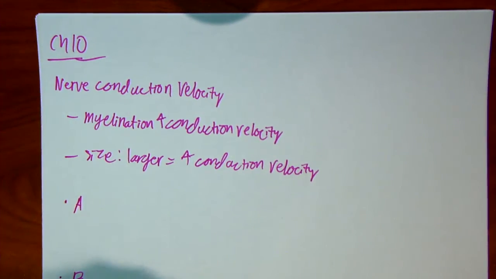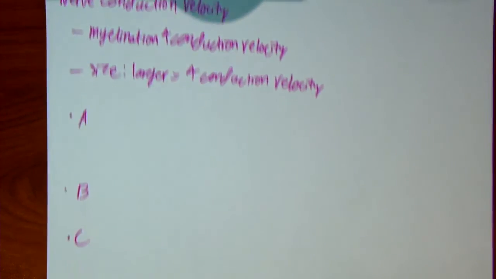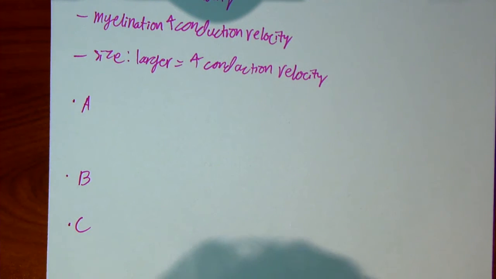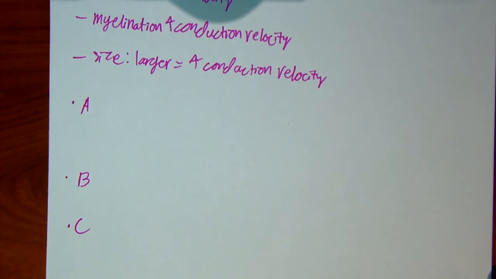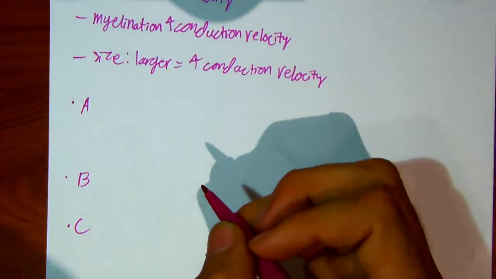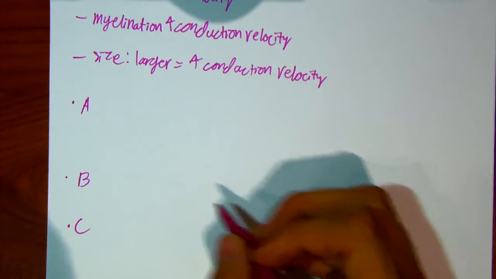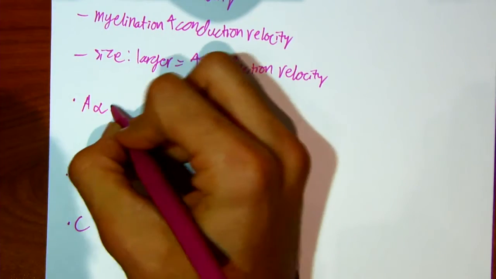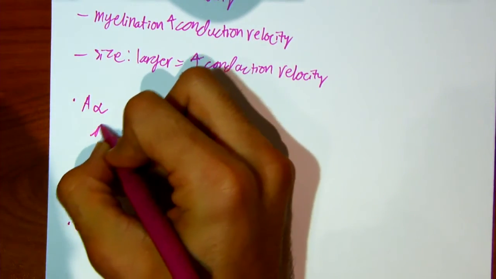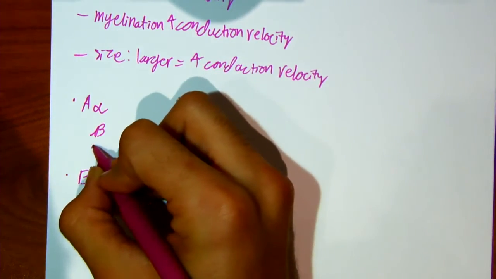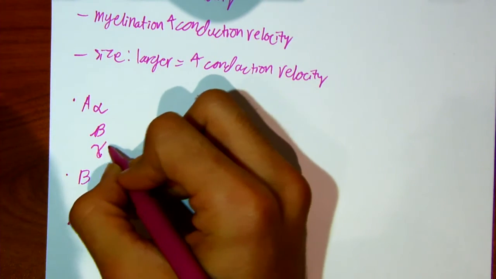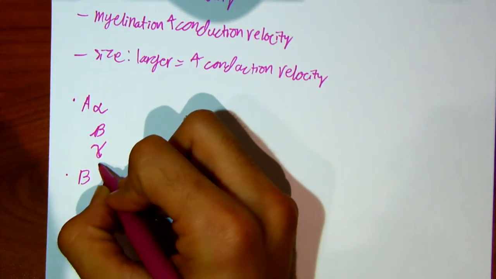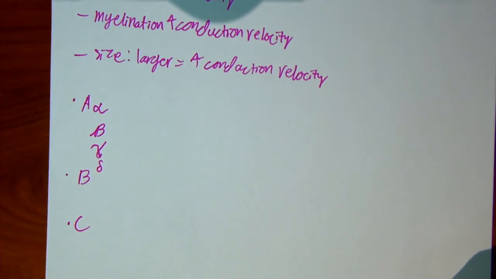We have A, B, and C nerves. Nerves in category A can be subtyped. Do you guys know the subtypes? Good. So starting, we have A alpha. We also have A beta. I always mess up my gammas. A gamma and A delta.